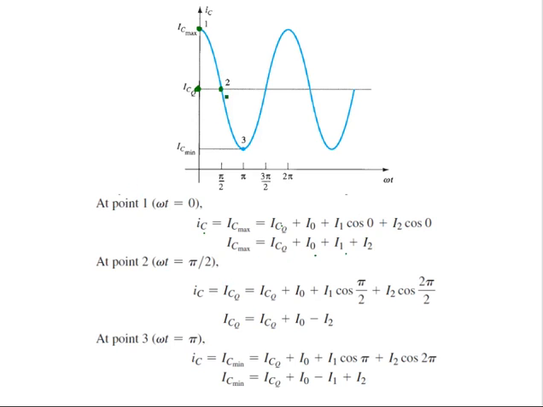At point 2, you can see the collector current is going to ICQ. So you can write IC equal to ICQ equals ICQ plus I0 plus I1 cos pi by 2 plus I2 cos 2 pi by 2.